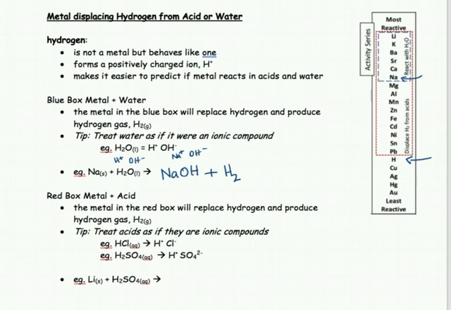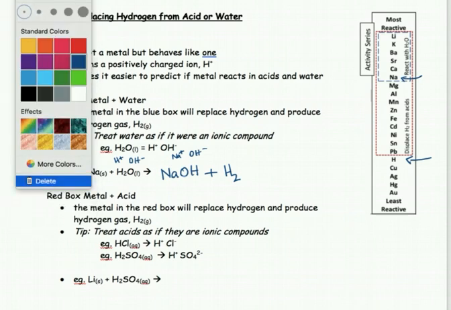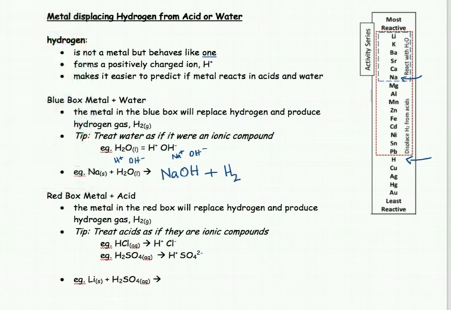I didn't put an example here, but we can add one in right now. Let's do this one. What if we grab a metal like aluminum? Okay, so aluminum is right here.